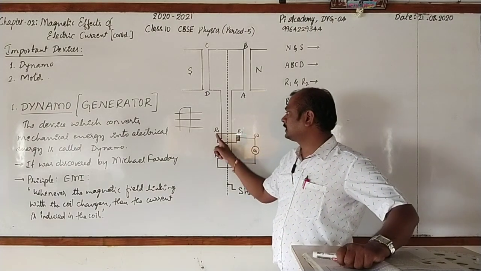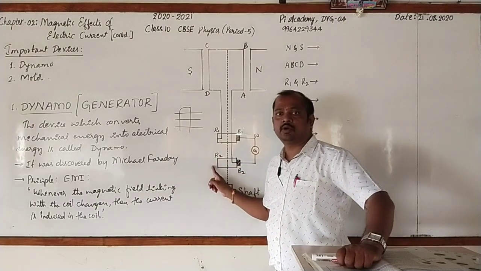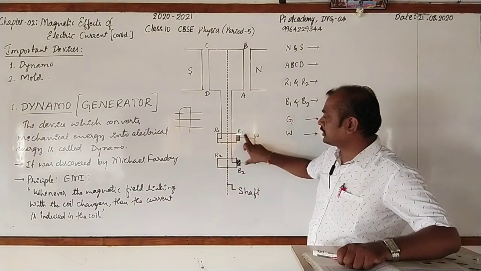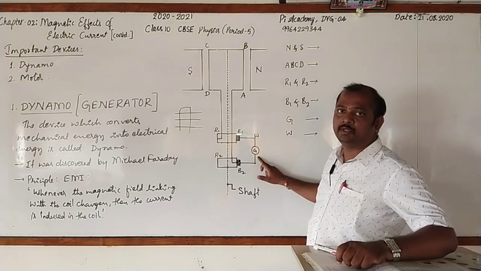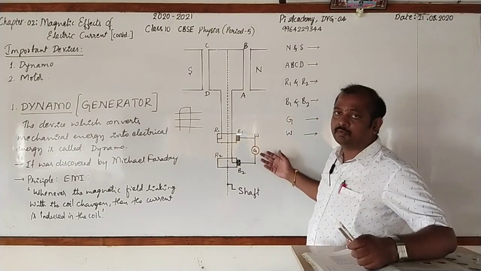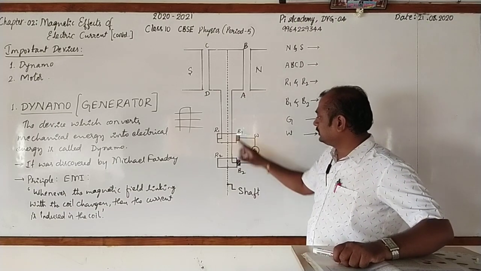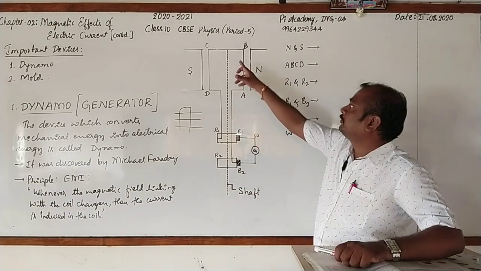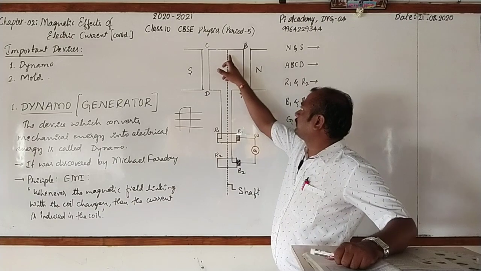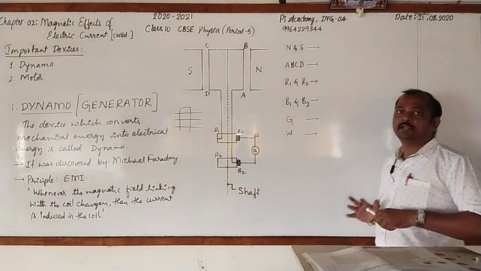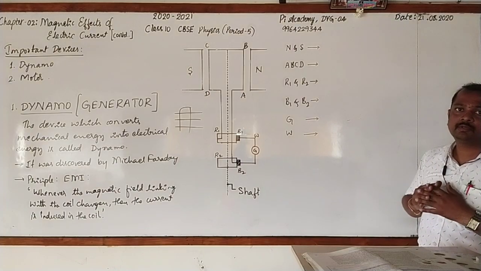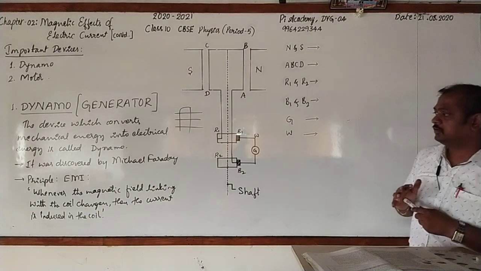That is, B1 is connected to R1 and B2 is connected to R2. Then connect the carbon brushes B1 and B2 to the terminals of the galvanometer. Then after that, fix a shaft to the coil to change the magnetic field.